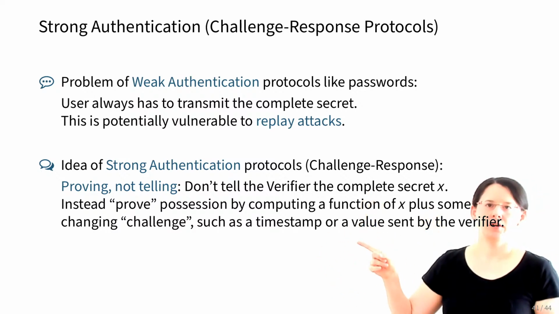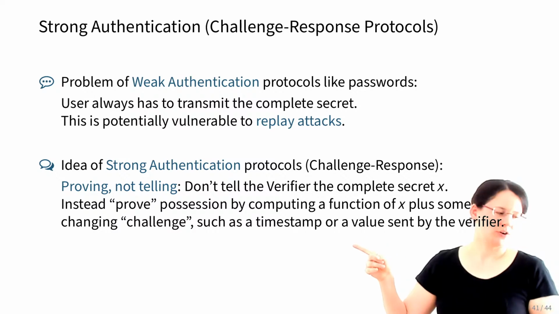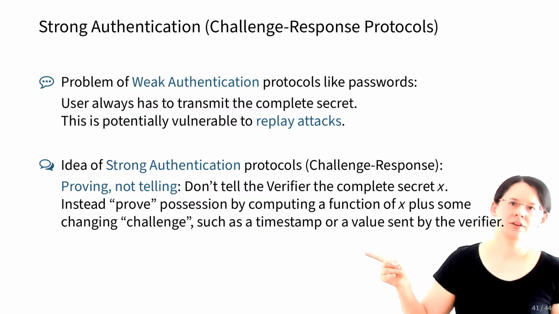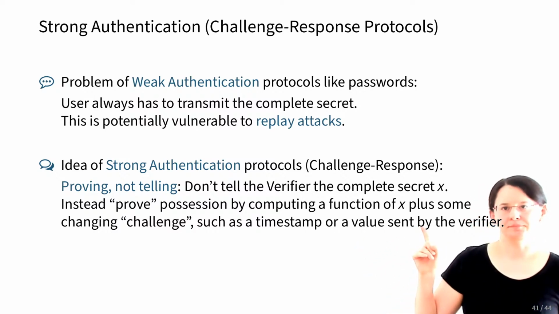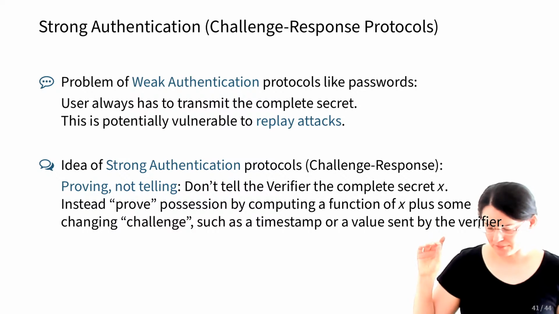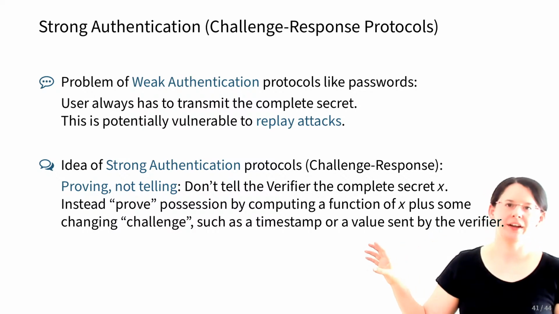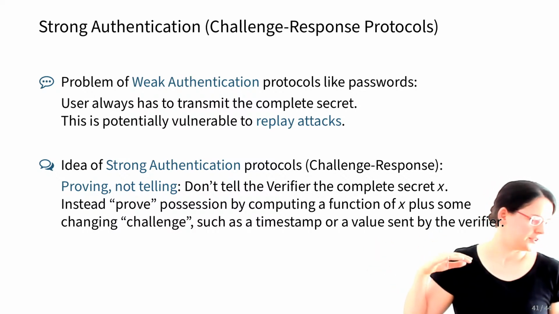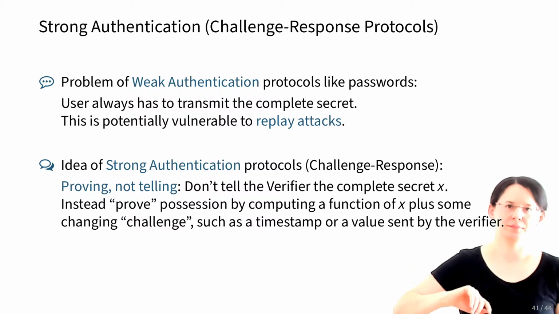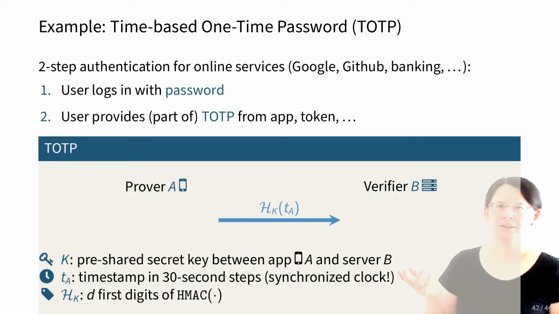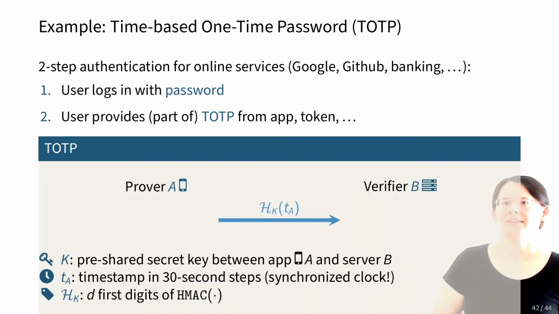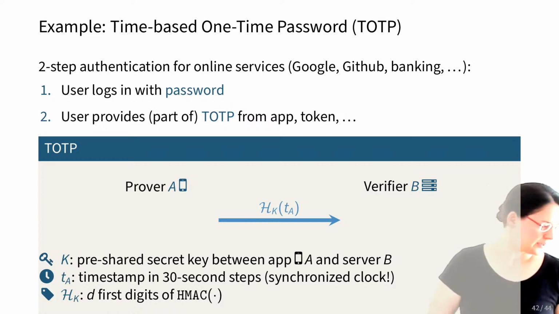One example of this is what you saw in the very beginning of the lecture in the Google Authenticator example, where you had to type some digits from your smartphone to log into your website. The protocol beneath this is the so-called time-based one-time password protocol, TOTP.